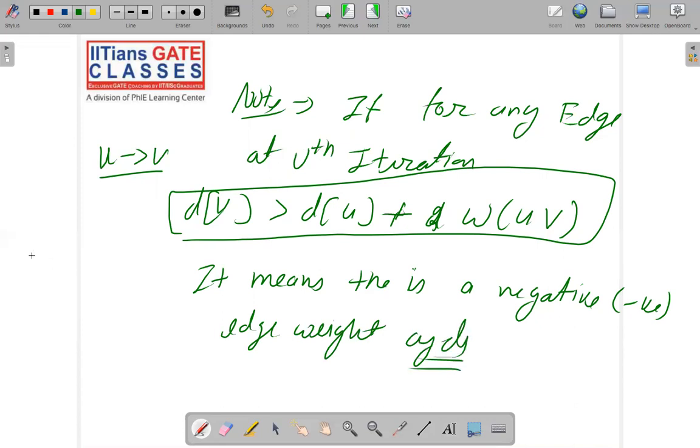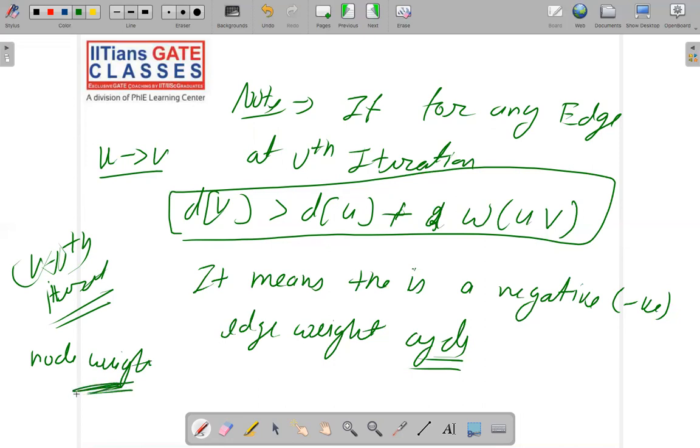So after the v minus 1th iteration, the node weights should not change. If these are changing, it means that there is a negative edge weight cycle.